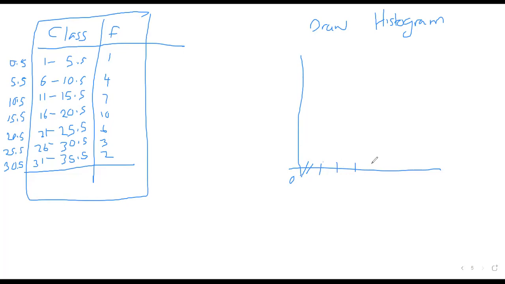So we have 0.5 to 5.5, 10.5, 15.5, 20.5, 25.5, 30.5, and 35.5.